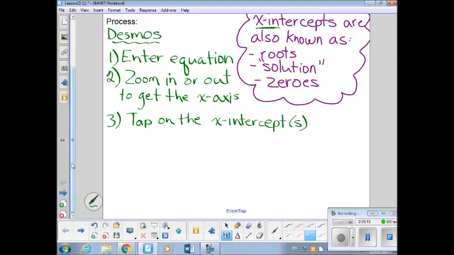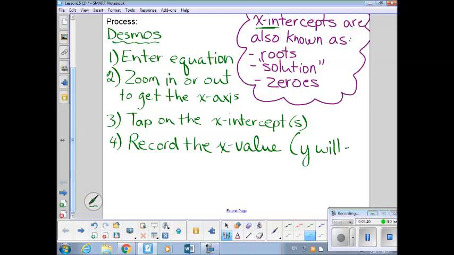So if you tap on the x-intercepts, they all should come up. And what we're after is to record the x value. And when we record the x value, we know that y will equal 0 for x-intercepts. So there shouldn't be any question about what you're actually tapping on. So let's take a look at a couple of examples using Desmos.